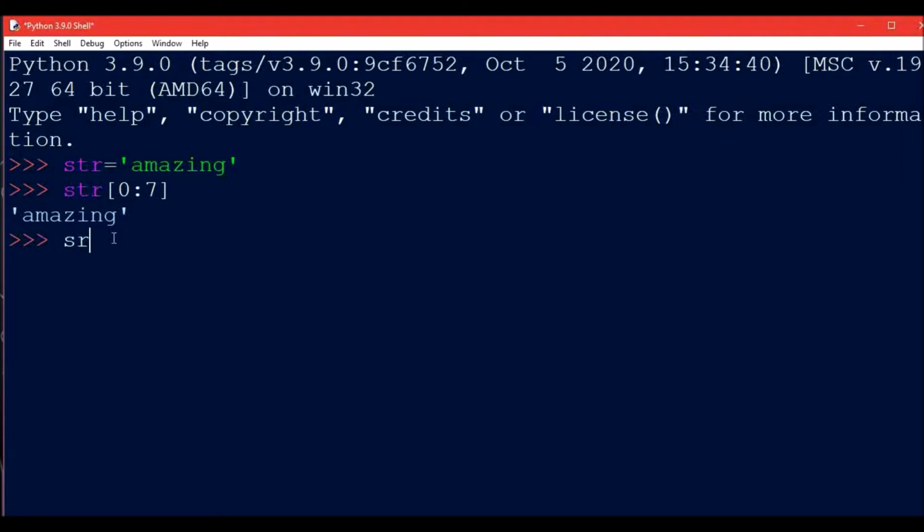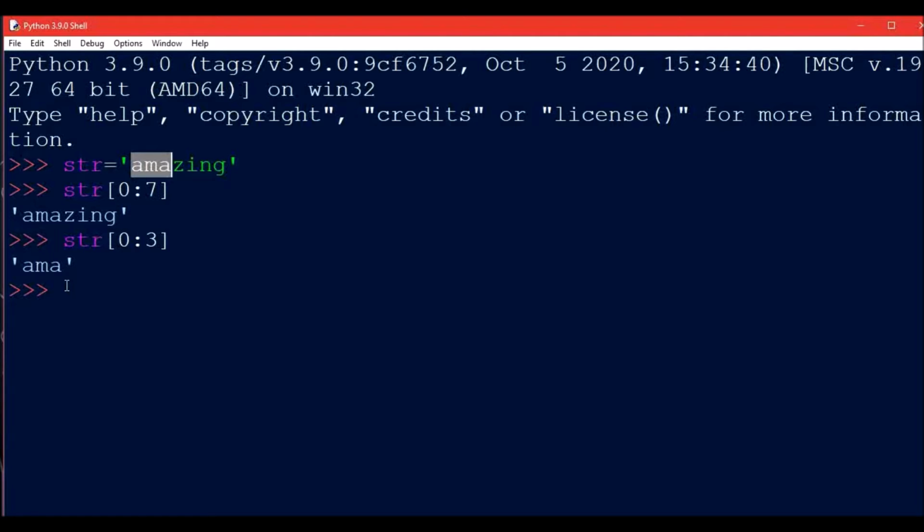If I write str[0:3], now in this case AMA will be printed. Why? Because 0, 1, 2. Why 2? Because 3 minus 1 is 2. So first 3 characters will be printed.